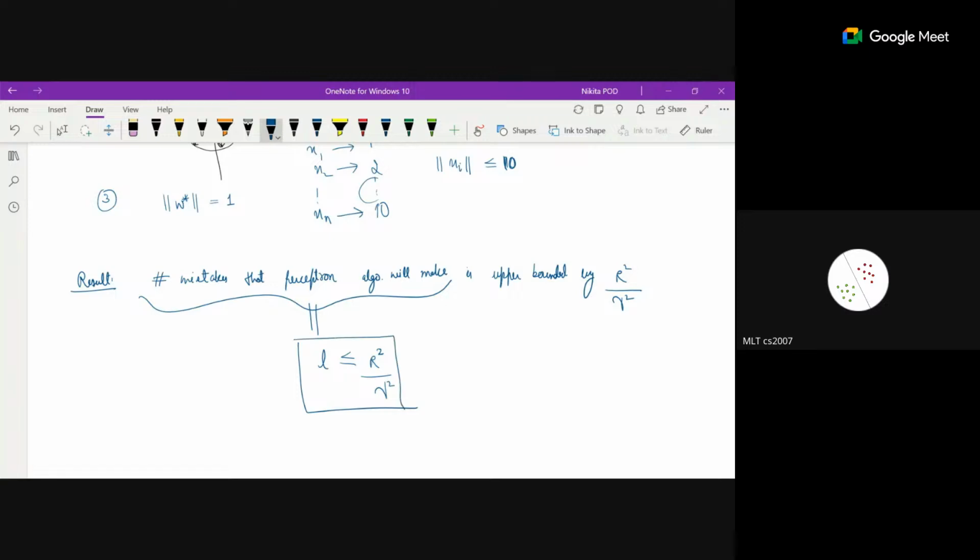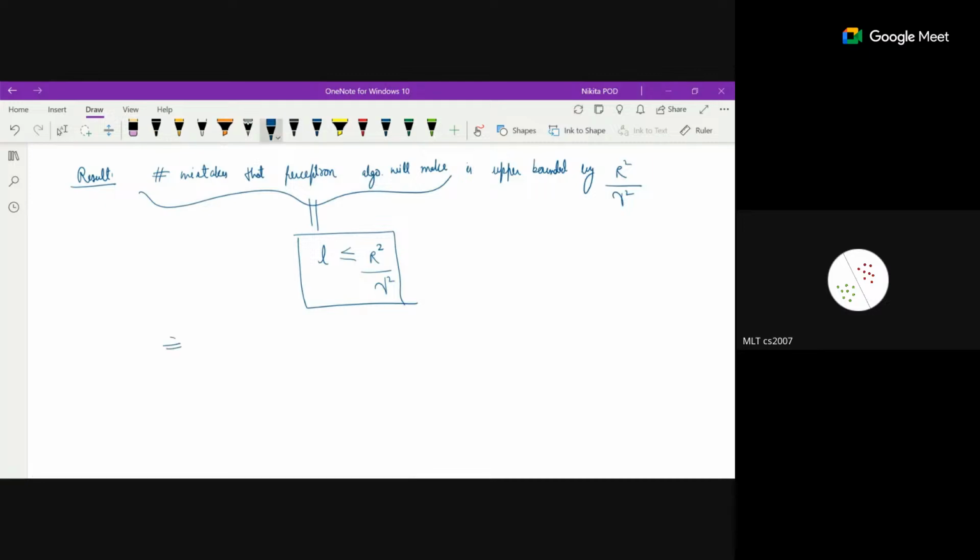So what we saw from this proof is that there is an upper bound on the number of mistakes my perceptron algorithm can make, and that upper bound is given by R square by gamma square. Since there is this upper bound, this implies that my perceptron algorithm converges.